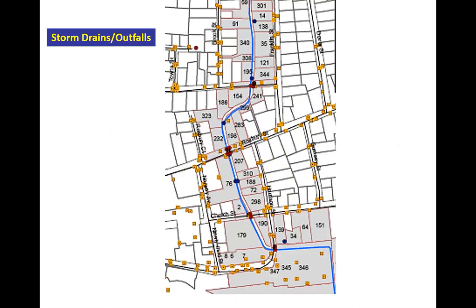This is basically a map of the stormwater system for the city of Keene. We got this from the town engineer's office. The little orange or yellow squares are actually storm drains in the roads, along the roads, that go into pipes. And those pipes connect a number of storm drains, and then they take the water and dump it into the stream through a pipe outfall, and that's what those little dots were.